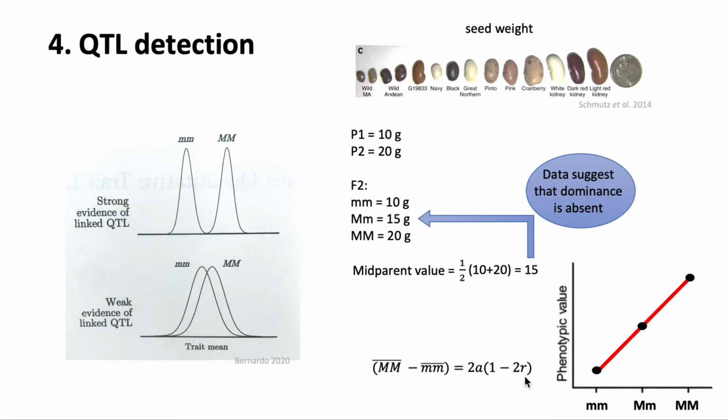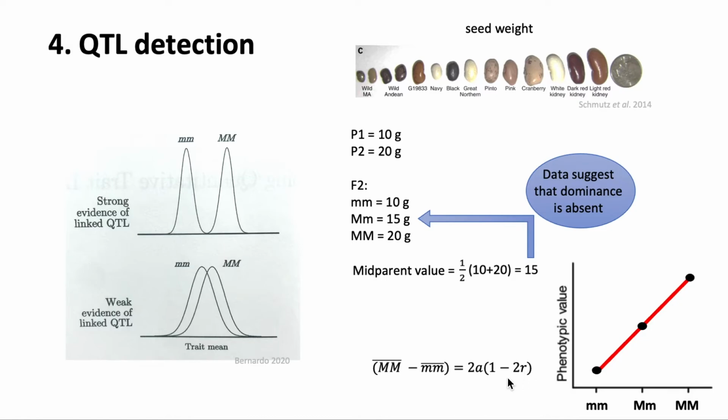As you can see here, when the recombination is 0.5, that is the highest recombination that we can get, this value here is going to be equal to 0, and the difference between the homozygous lines is going to be equal to 0 as well. It is 0 because if the recombination is 0.5, the marker and the QTL are not linked.